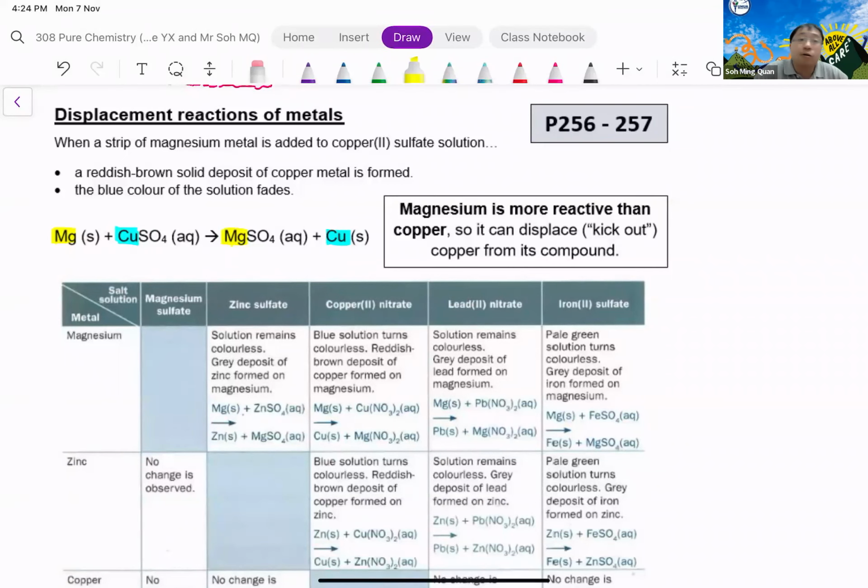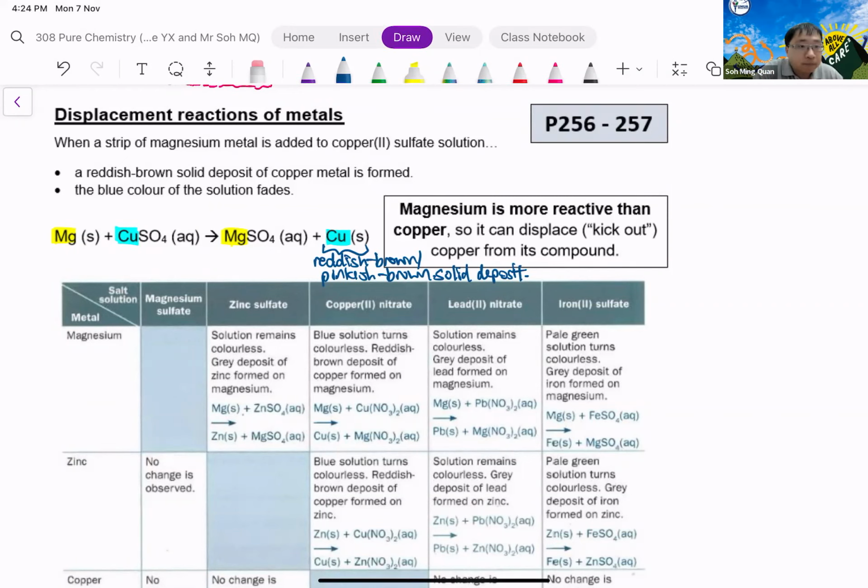Now, what do you see? The observations, right? First, we can talk about a solid formed. Copper metal is a reddish brown or pinkish brown metal. So we say there's a pinkish brown solid deposit. Deposit just means it's a solid formed that might sink to the bottom.